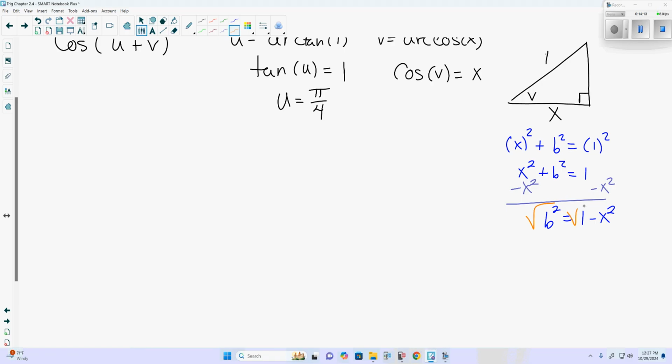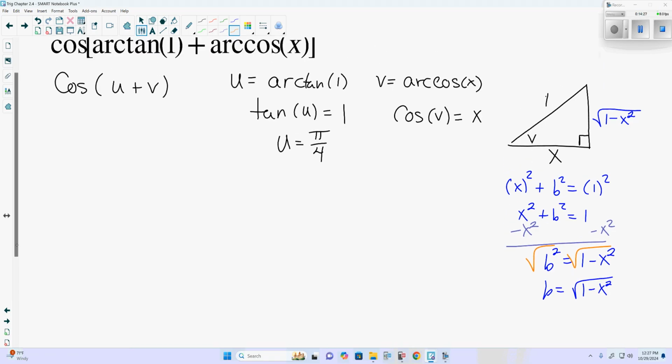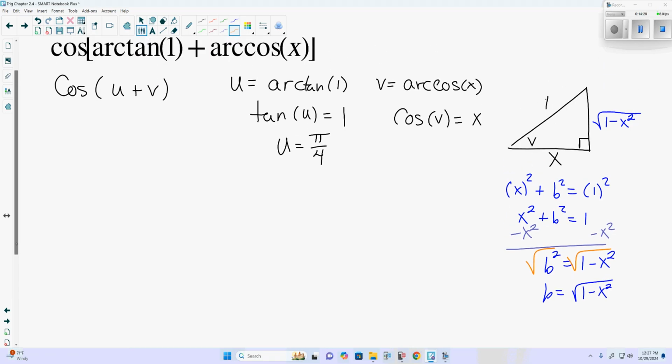We can square root both sides, telling us b is equal to the positive or negative square root of 1 minus x squared. But for us here, we're just going to be taking the positive case. We're not going to be focused on the negative. So that gives us a triangle to work with based off our angle v. Questions on this so far?